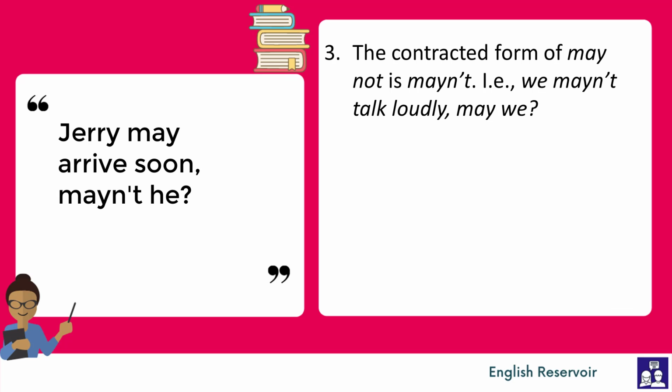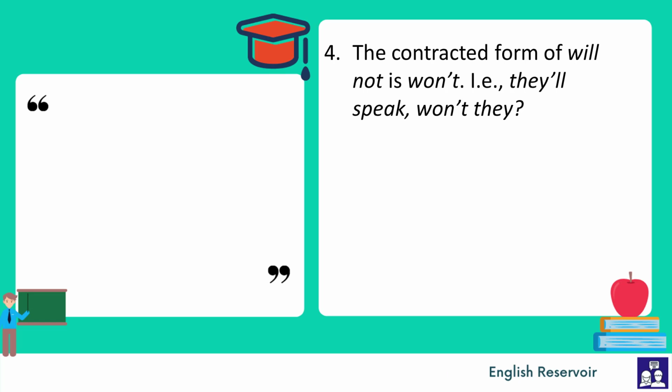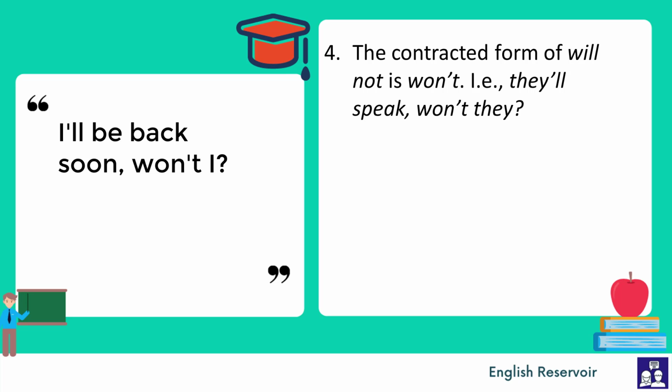Jerry may arrive soon, mayn't he? The contracted form of may not is meant. I.e., we mayn't talk loudly, may we? I'll be back soon, won't I? The contracted form of will not is won't.